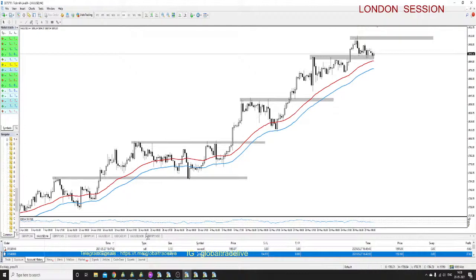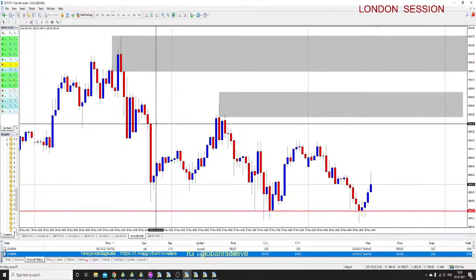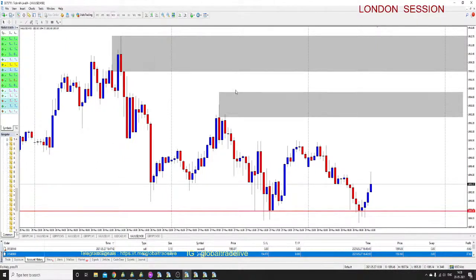Why did I choose these pairs? Because the pip value of these pairs is the highest. I would not say the highest, but really good. The spread is also low in these pairs because these are the most traded pairs in the world. Most traders trade GBP JPY and gold.